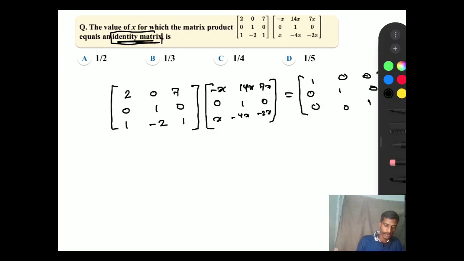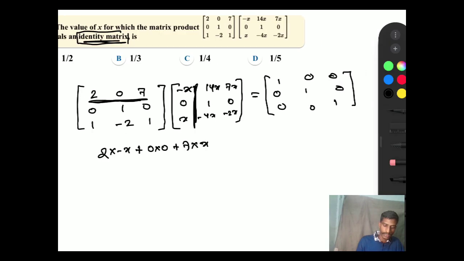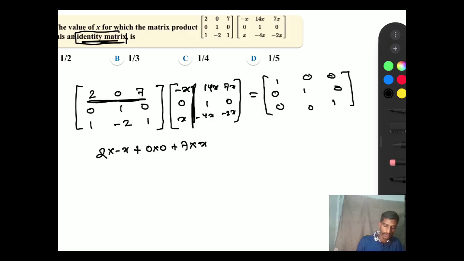To perform this, we have to take a row and a column: 2 into minus x plus 0 into 0 plus 7 into x. From here we can say that it should be equal to 1.